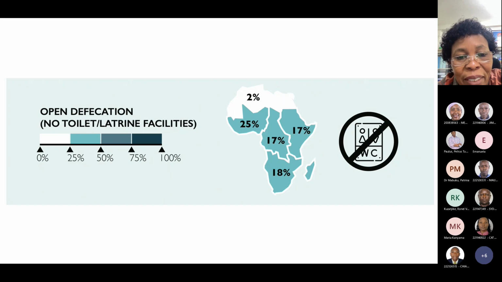This is a practice that, I don't know what to say, but no toilet or latrine facilities. Again, Northern Africa leads, whereby it's only 2% with no toilet or latrine facilities.